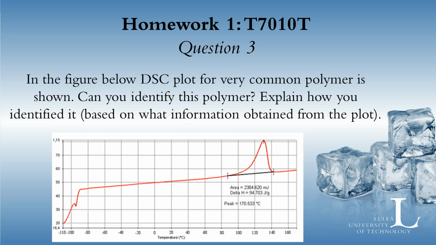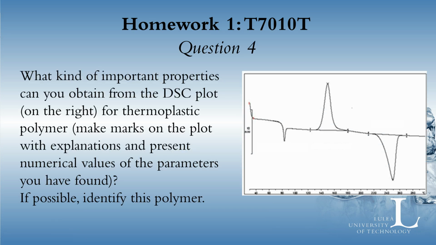Question 3 is related to the graph which you can see. This is a plot from DSC, and the question is whether you can identify the polymer based on that graph, and of course you have to explain how the identification was done. Question 4 is about what you get from the DSC plot, what important properties of polymers you can obtain.